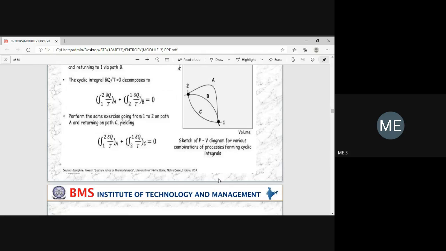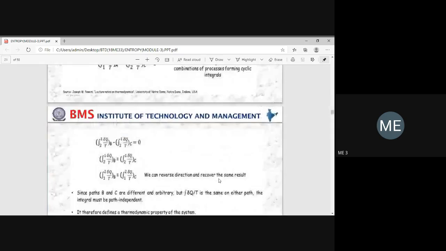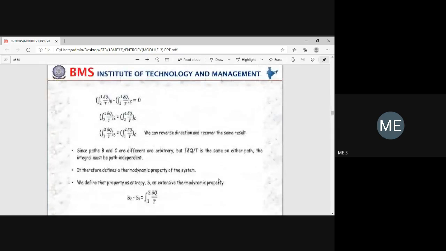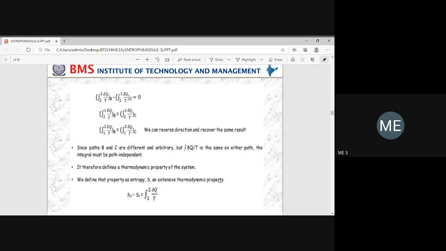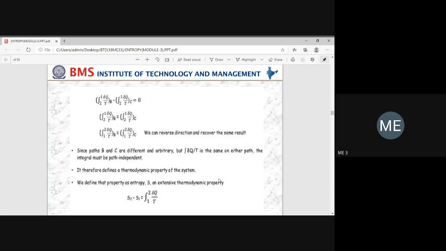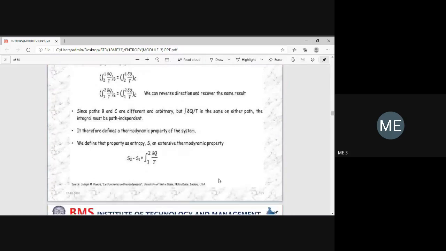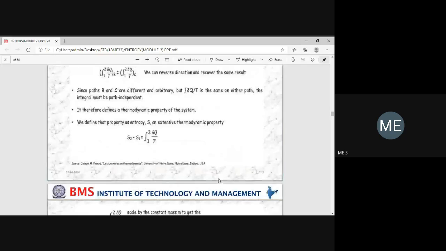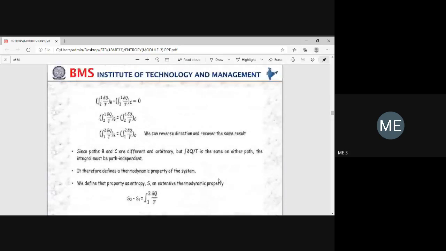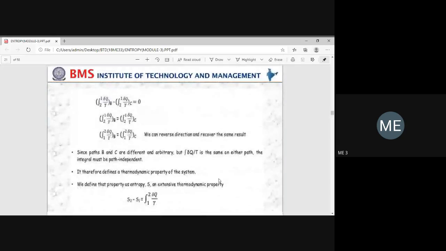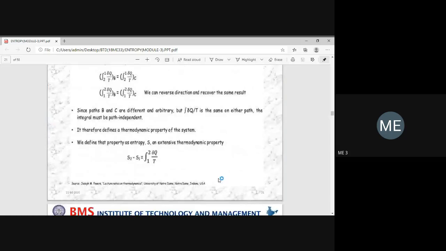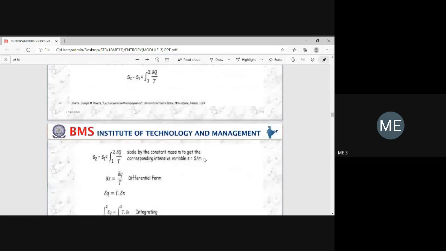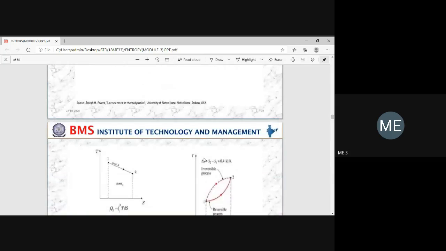Hence, whenever it depends upon the state points, we can tell that entropy is a property of the system.